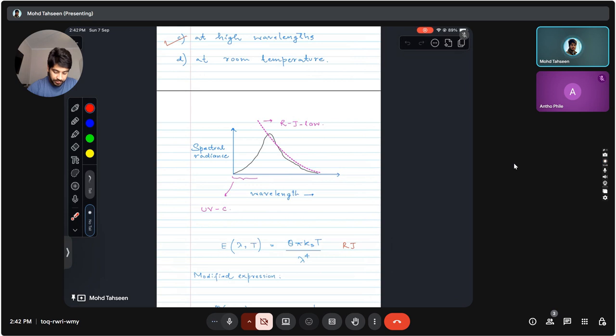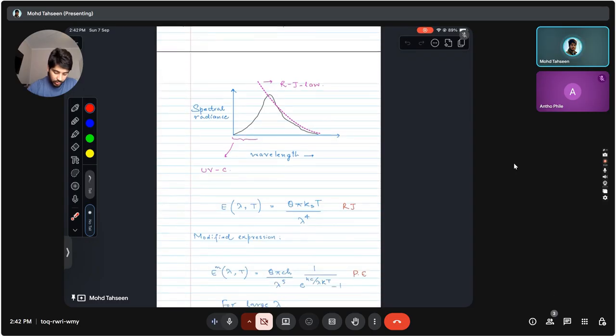And we see that the Rayleigh-Jeans law, which is again based on the Maxwell-Boltzmann statistics that we saw above, is not able to explain the black body behavior across all regimes. It only does that in the high wavelength region, right? When the wavelength of the radiation being emitted is quite high.